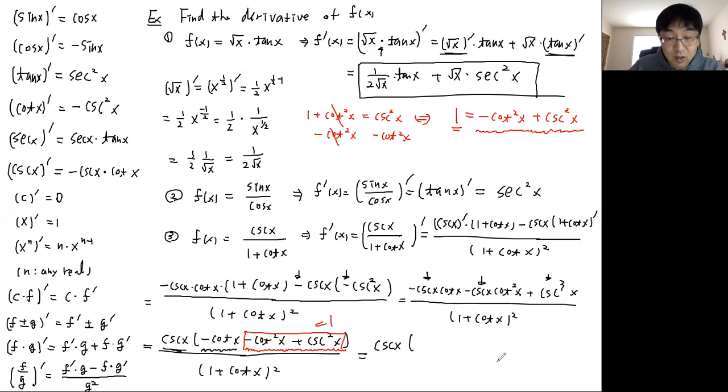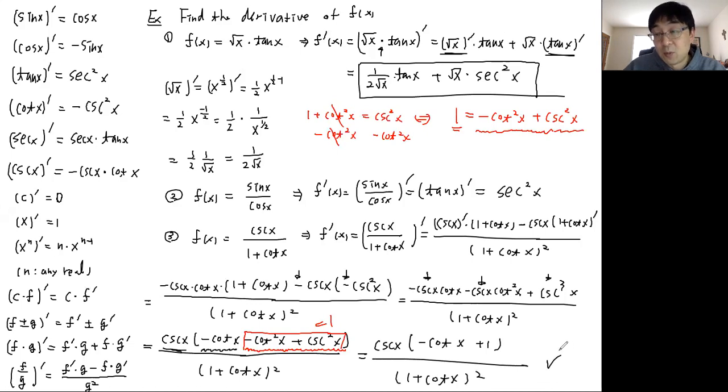So we have cosecant x times negative cotangent x plus 1 over 1 plus cotangent x squared. So that's it. This is the final answer. You cannot simplify more. This is one example using the differentiation formulas and the derivatives of the trigonometric functions.